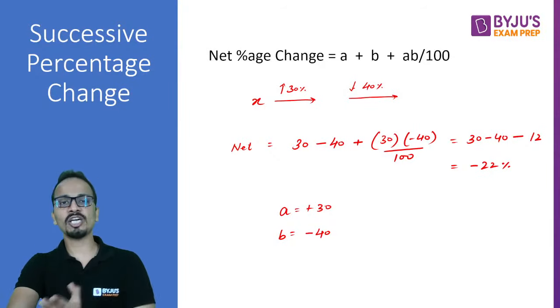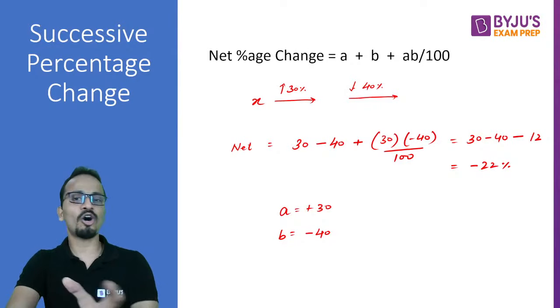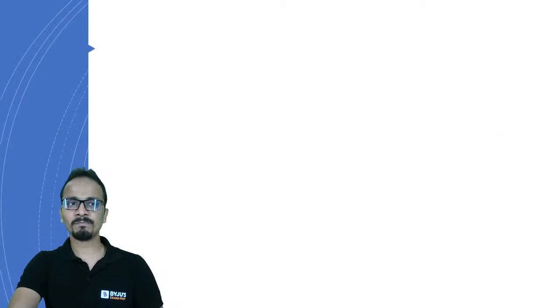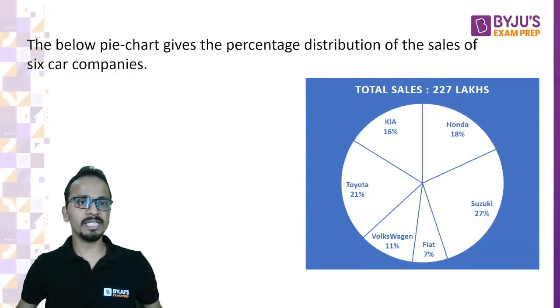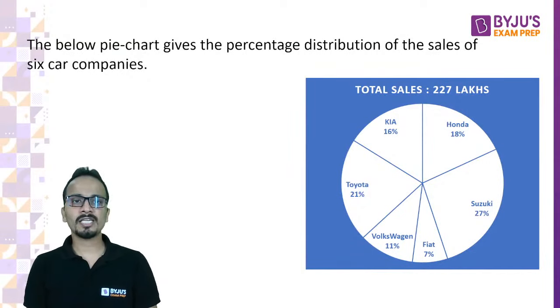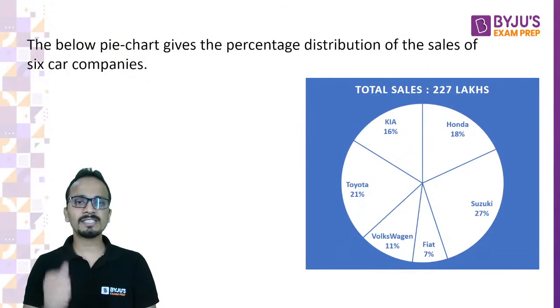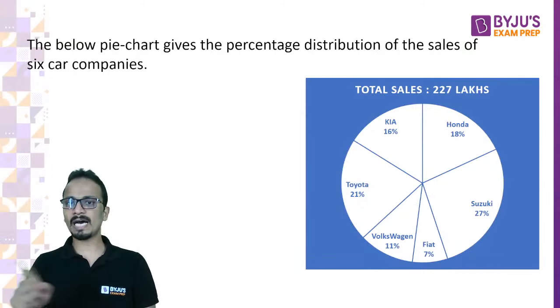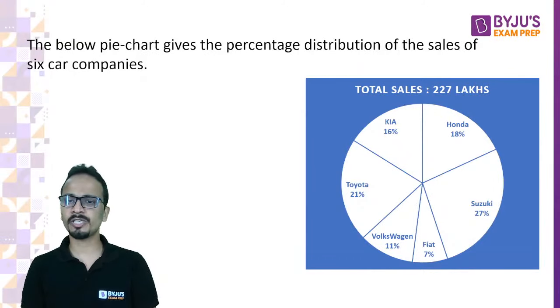So let's quickly jump on to some of the questions of pie charts. The first set of pie chart is on your screen now. The question says that the below pie chart gives the percentage distribution of the sales of 6 car companies. The car companies here are Kia, Honda, Suzuki, Fiat, Volkswagen and Toyota.